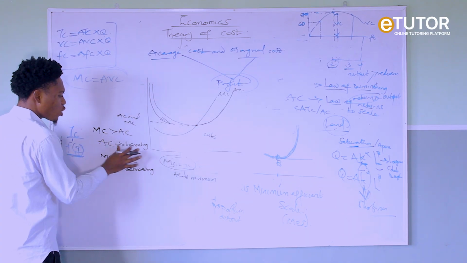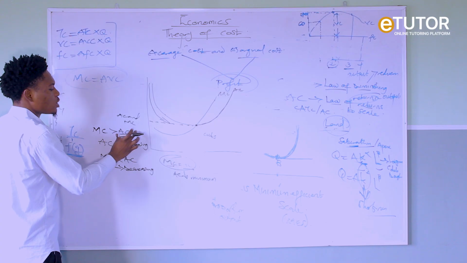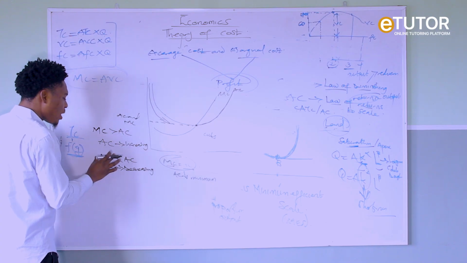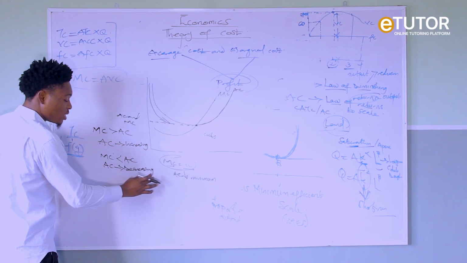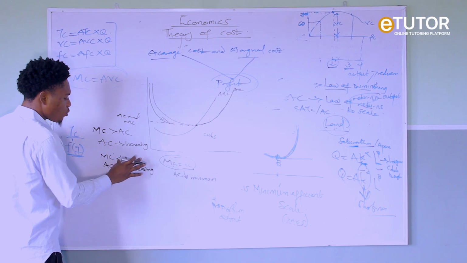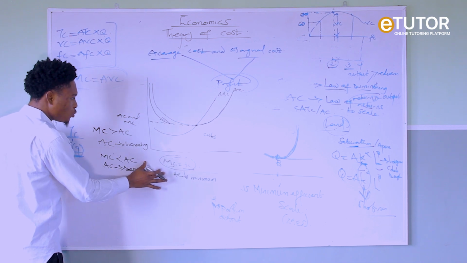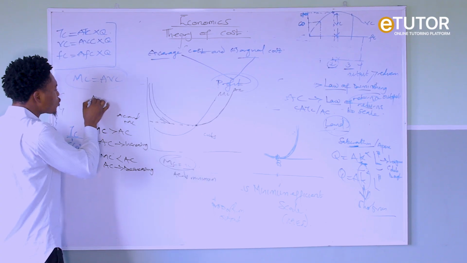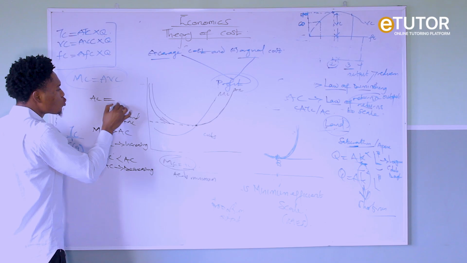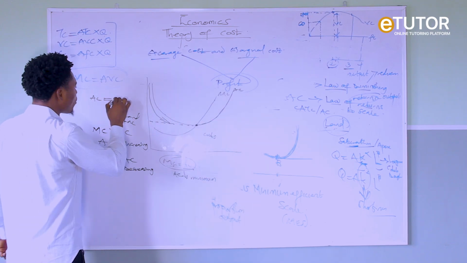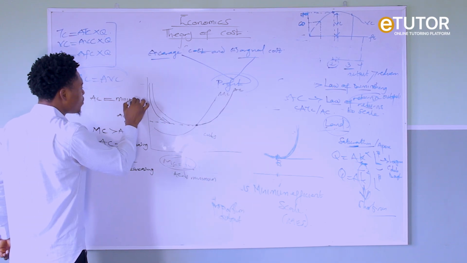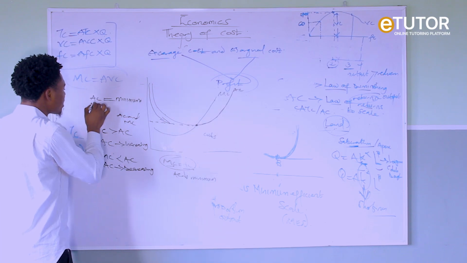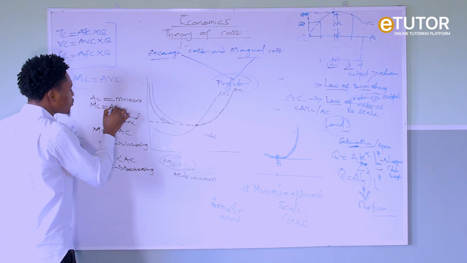Whenever average cost is increasing, the marginal cost is always greater than the average cost. Whenever average cost is reducing or decreasing, the marginal cost is always lesser than average cost. But whenever average cost is at its minimum for profit maximization, the marginal cost and the average cost will intersect.